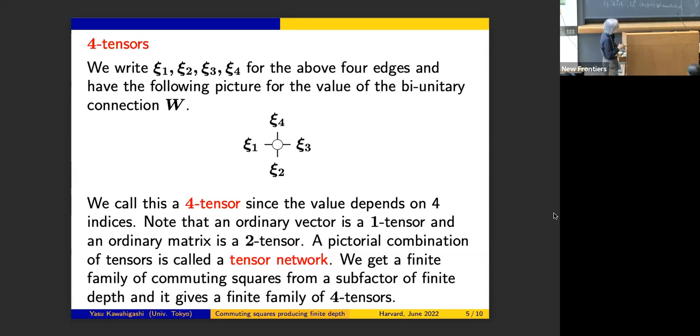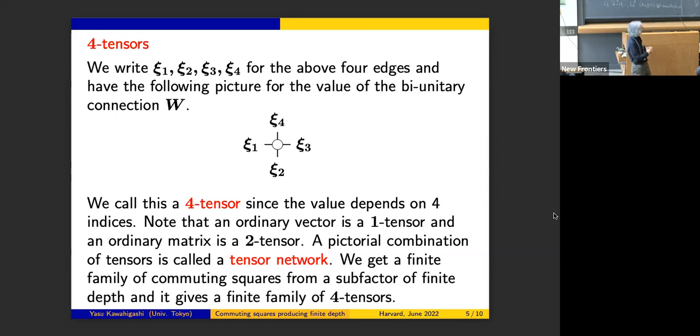This pictorial combination of this kind of pictures is well known as a tensor network. So we have this kind of picture, a lot of tensors connected to each other. Then for connecting edges, we multiply these numbers and we have a summation over the indices for the common edge. This kind of concatenation is well known in tensor network theory.